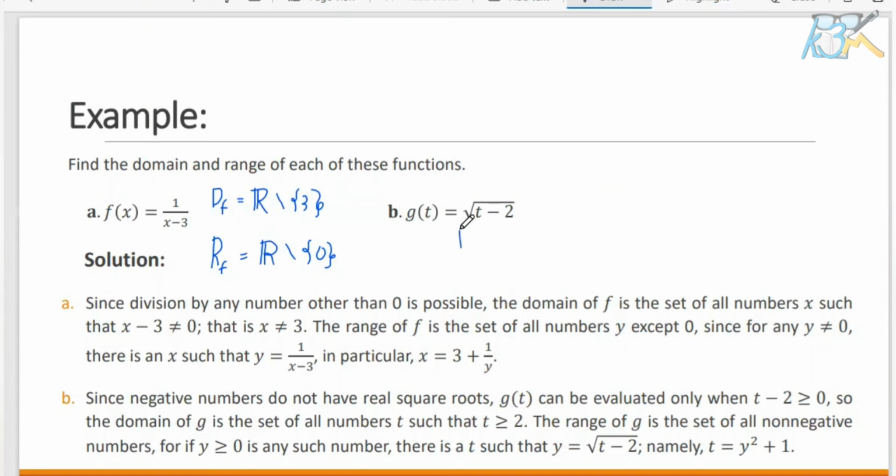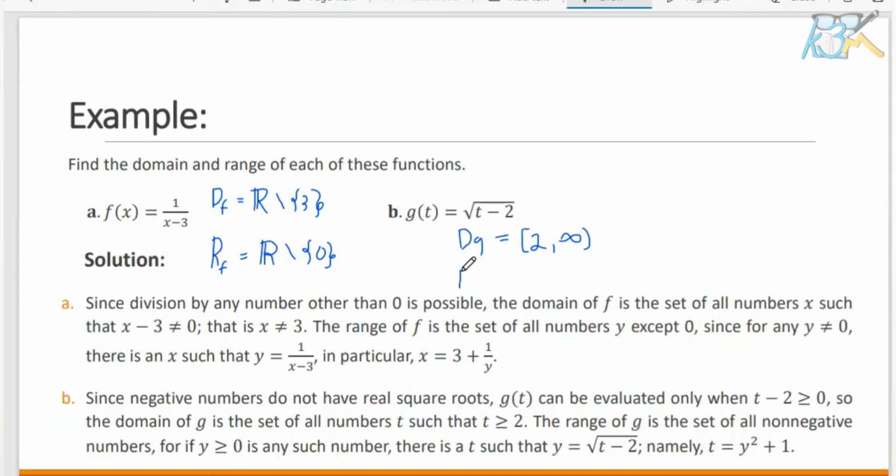So the domain of this function g of t is the closed interval, so 2 is included, from 2 to positive infinity. So this is our domain.